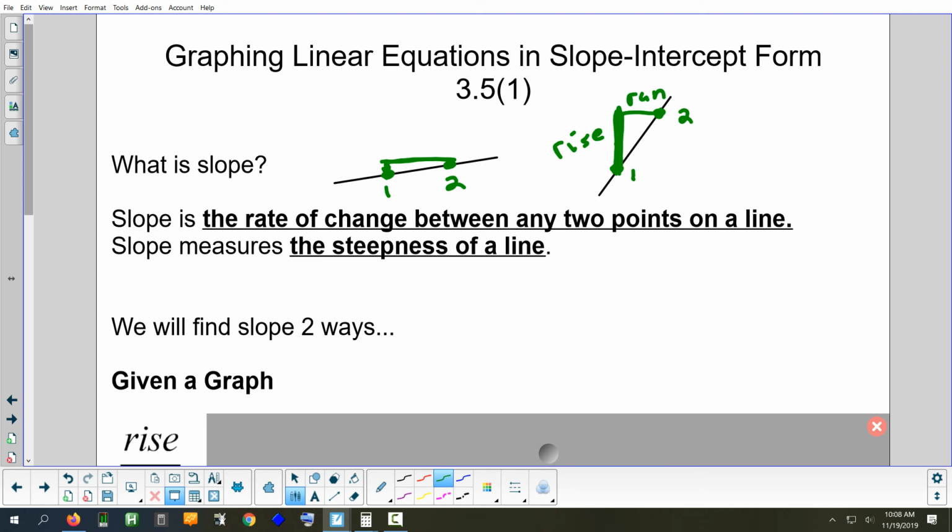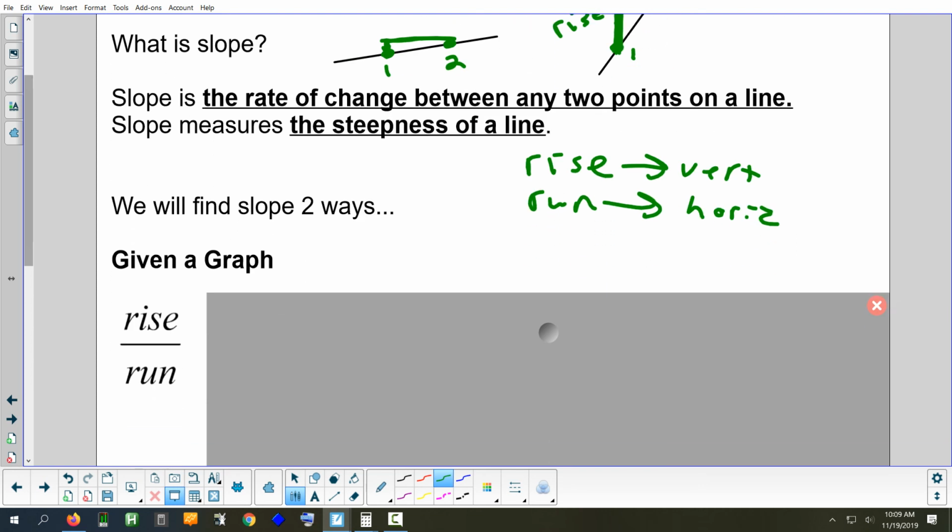Run is horizontal. Okay, I can even write that. Rise is vertical. Run, horizontal. You can't mix them up and get the question right. So don't mix up which one is vertical and which one is horizontal.